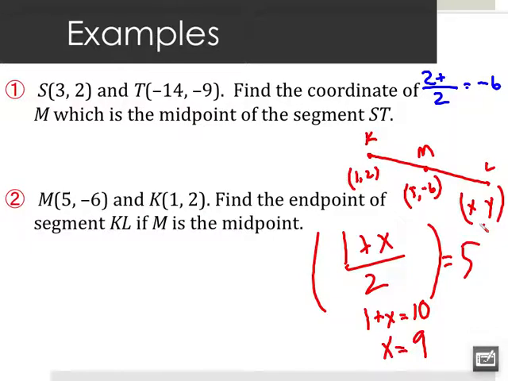No, you said the wrong thing. Give it to me again. Because we're finding the y-coordinate of the endpoint. You said 2 plus x over 2. What should it be? Yeah, because we're looking for the y value now.